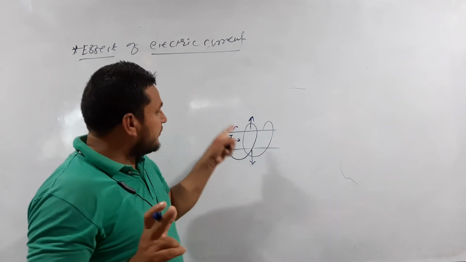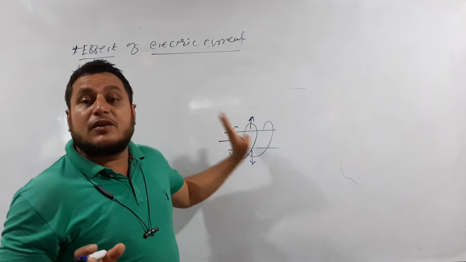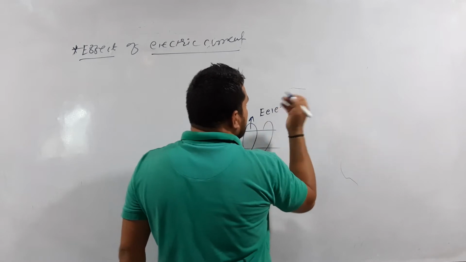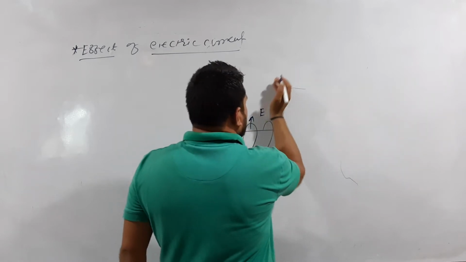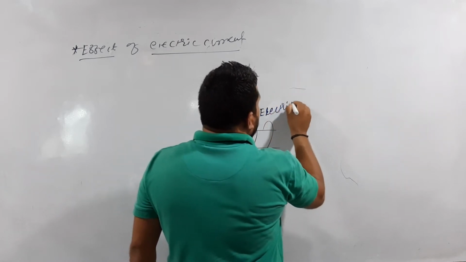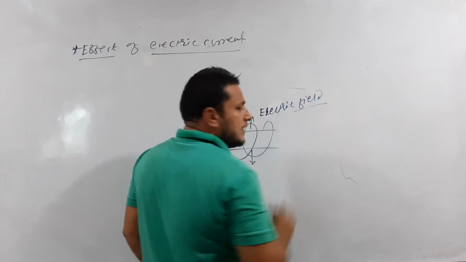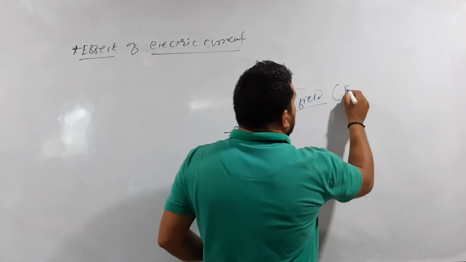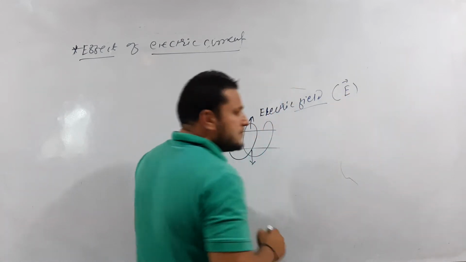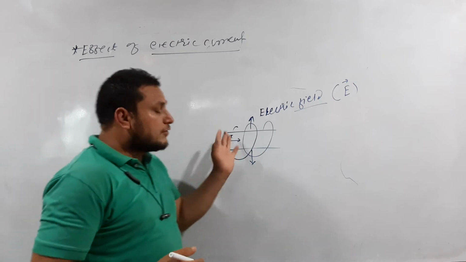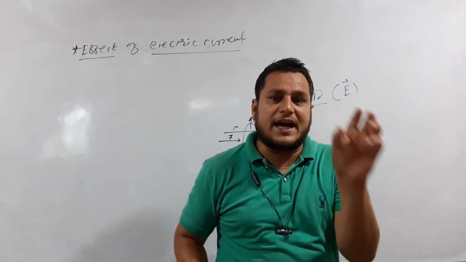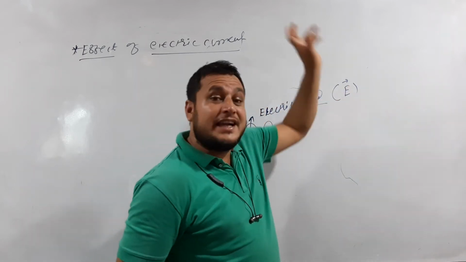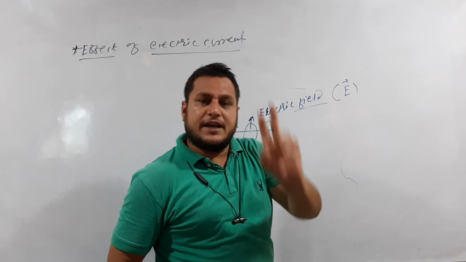That field is called the electric field, denoted by E. When it becomes vector E, whenever we have a specific direction of that electric field, we call it electric field intensity.